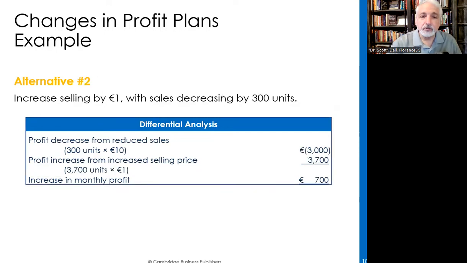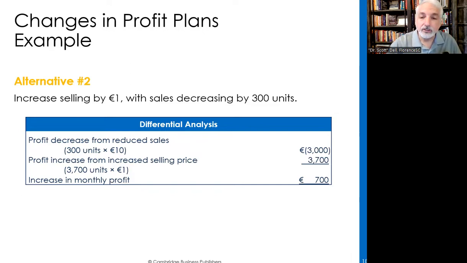How about alternative two? We have a 300-unit drop in sales, but we have an increased selling price, so we make up for some of that. And overall, there's a higher monthly profit. So 700 euros. That's actually raising the price. We increase the selling price by €1.